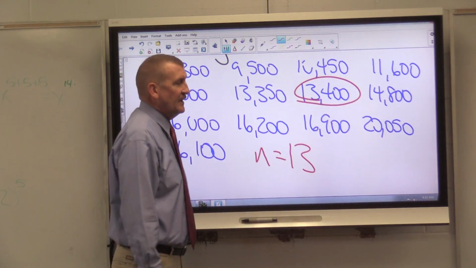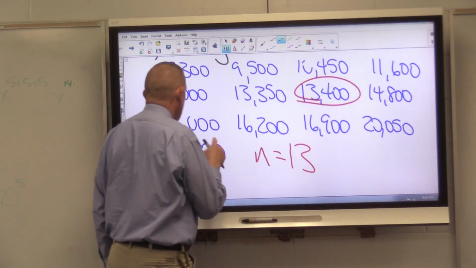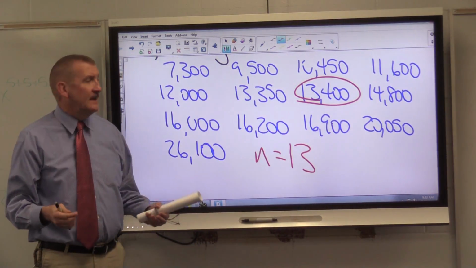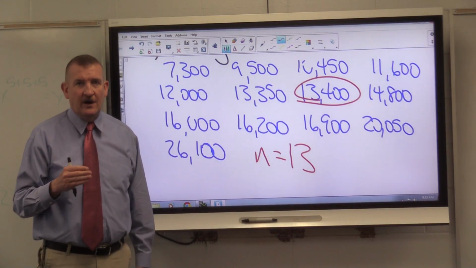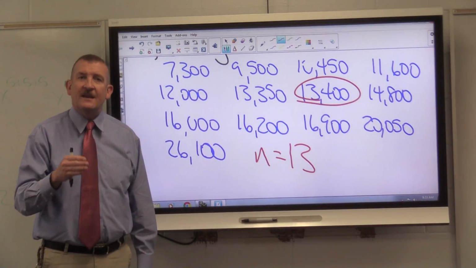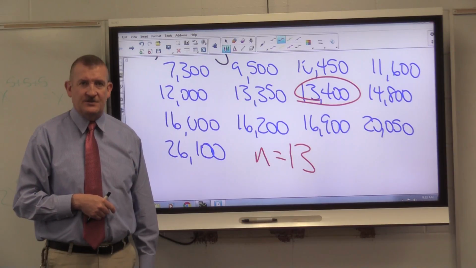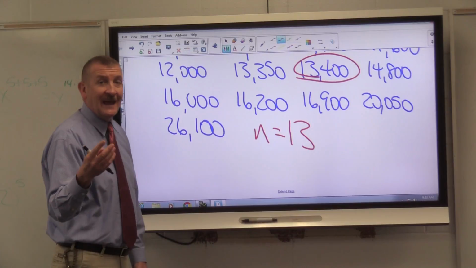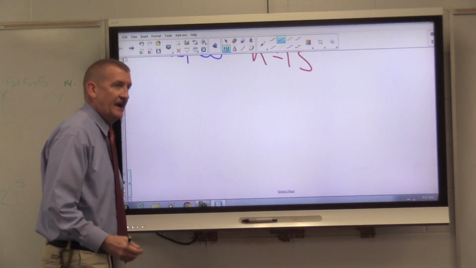There's my median, 13,400. So my median is 13,400. I would find your median first on all of these applications. All right? Now, let's start calculating our measures of variation.